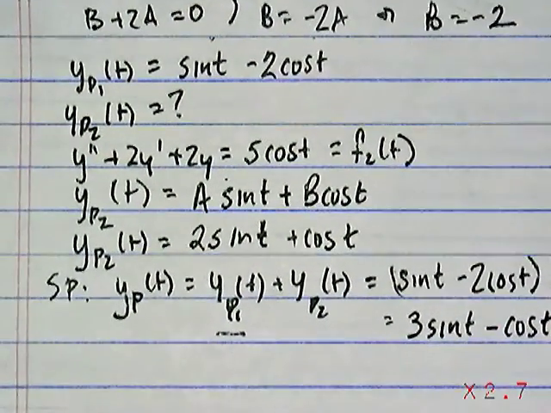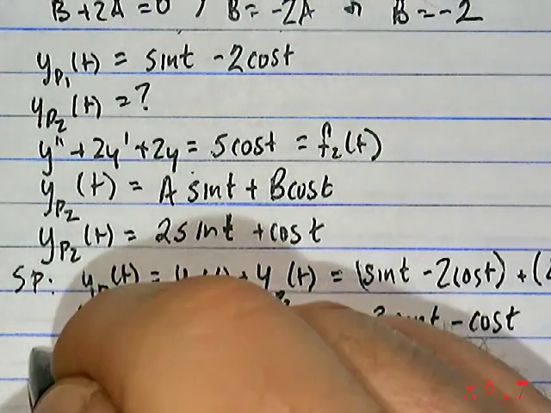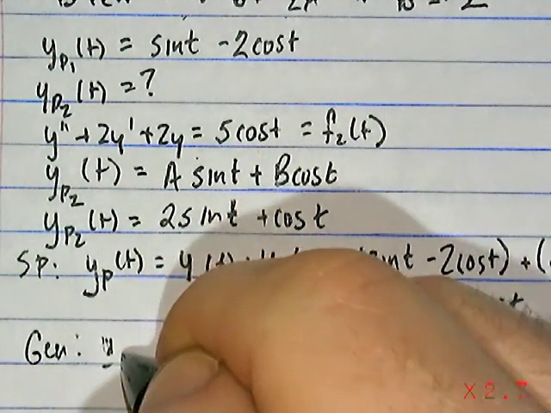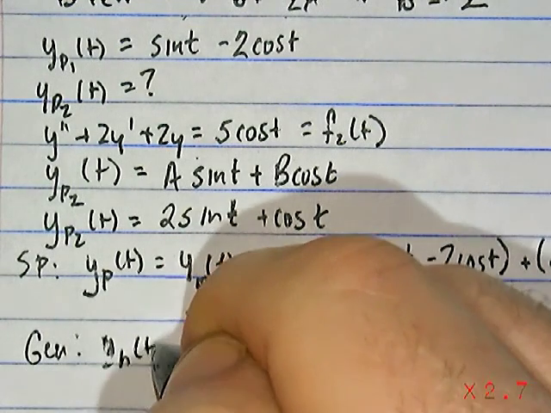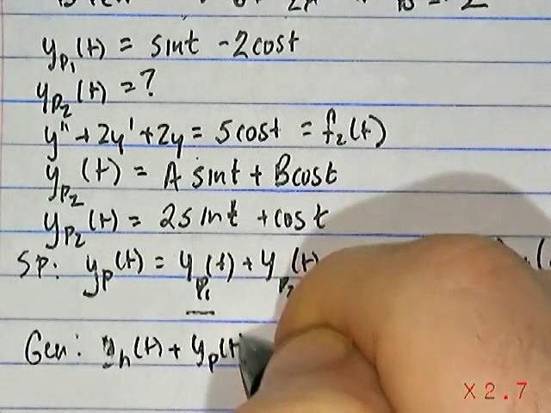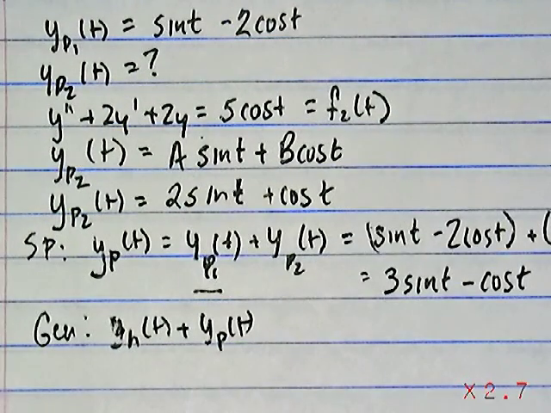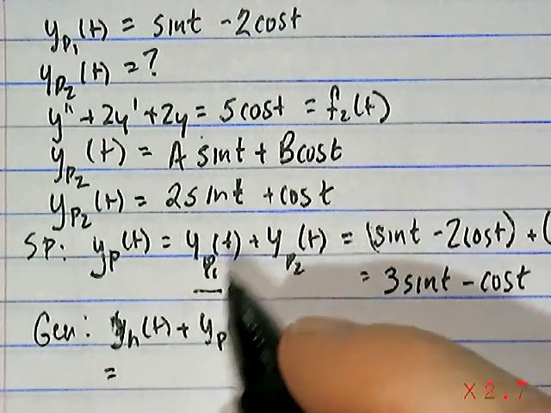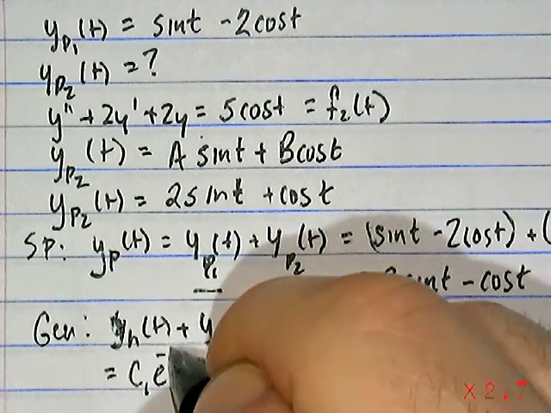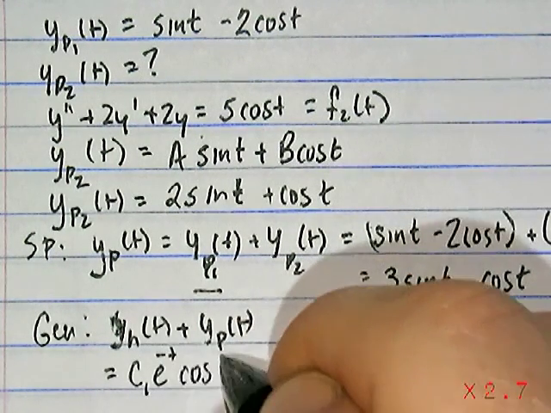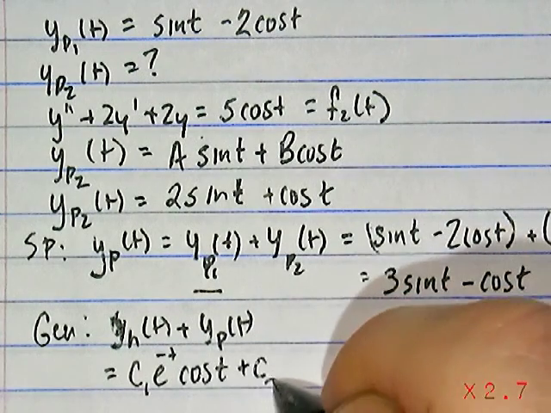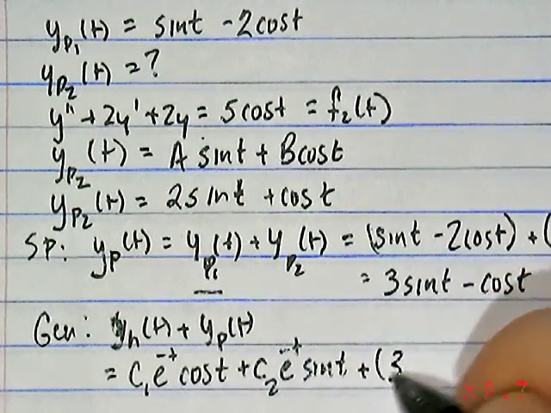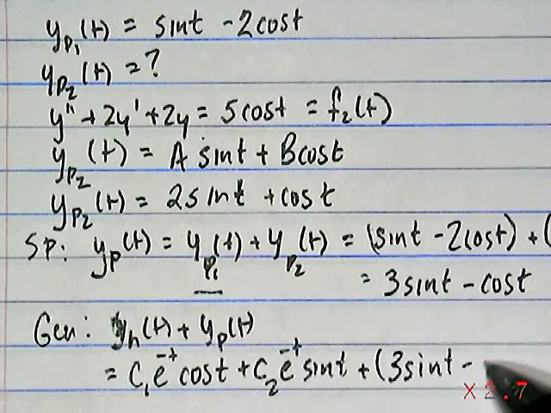So, the general solution, the equation of motion in this case, is our homogeneous solution plus our particular solution. So, in this case, we've already written this down before, we'll have C1 e to the minus t cosine of t plus C2 e to the minus t sine t, and then we'll add this particular solution, 3 sine t minus cosine t.